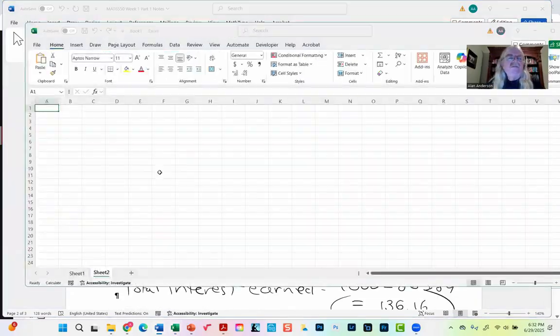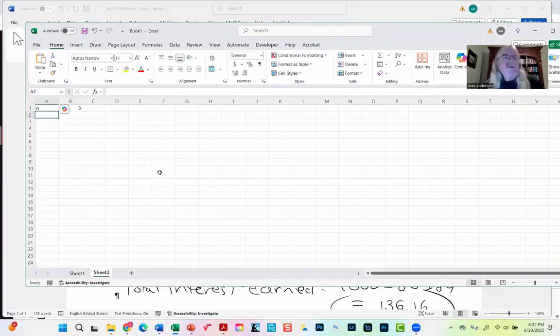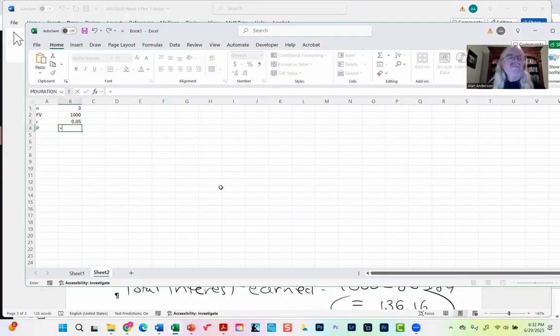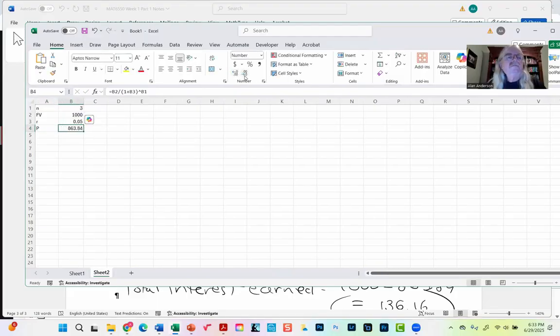N is 3, future value is 1,000, and we're looking at a 5% rate of interest, and the PV turned out to be $863.84. So we're going to set up a similar chart here.